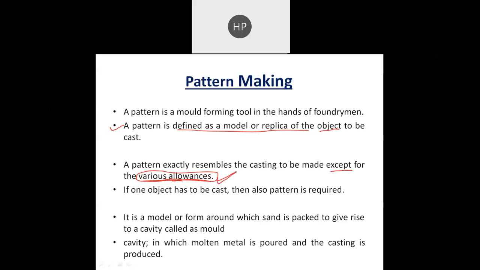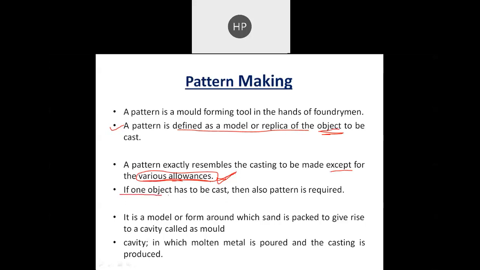What those allowances are and how they are useful for making the casting, that is what we are going to discuss. But here you should remember that it is the same, but there will be some changes from the original object. And why does the shape change from the original object? Because it has to resemble some amount of allowances.